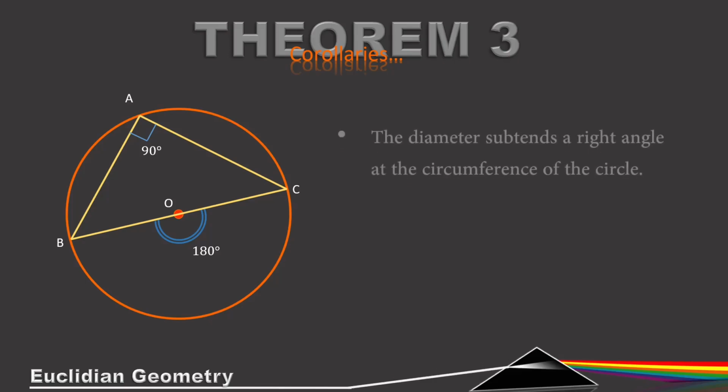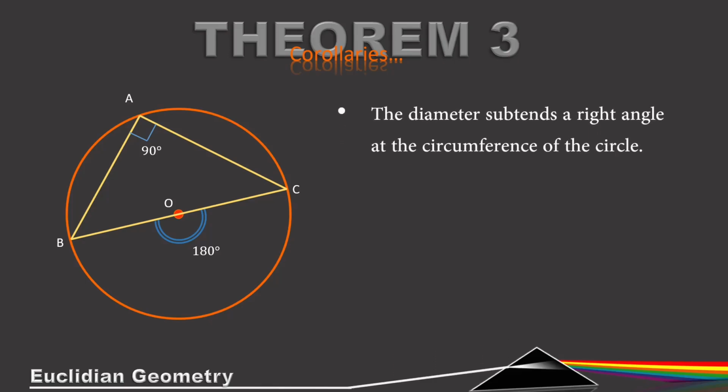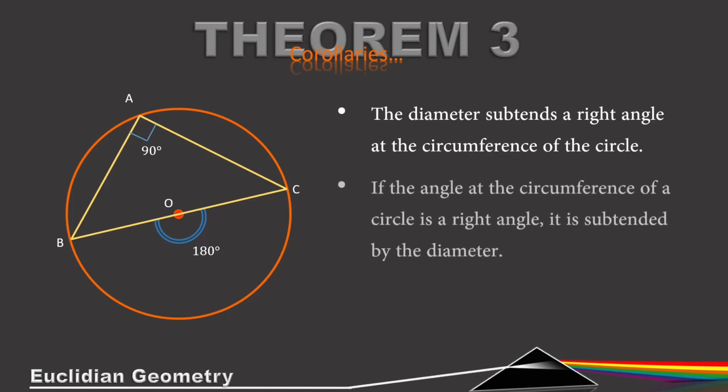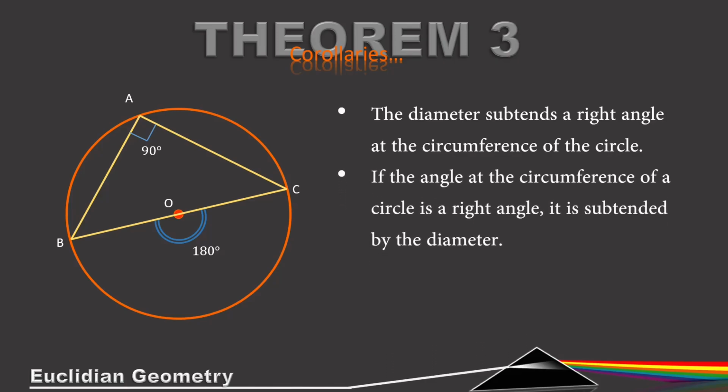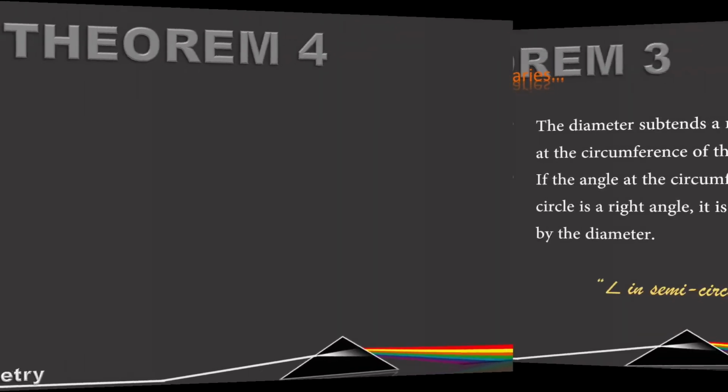So we can then say that the diameter subtends a right angle at the circumference of the circle. And then also the other way around, if the angle at the circumference of a circle is a right angle, then we can say that it is subtended by the diameter. And our reason is: angle in semicircle.